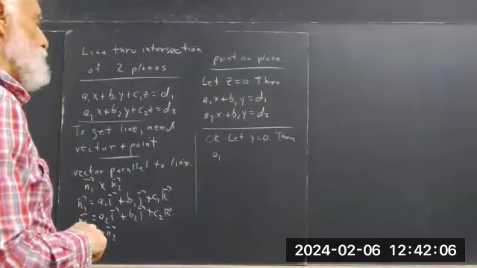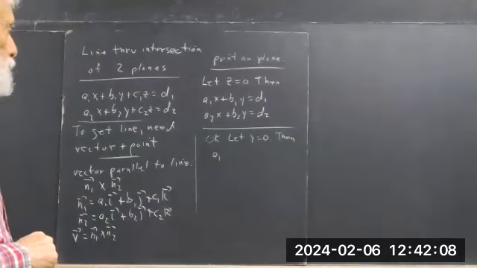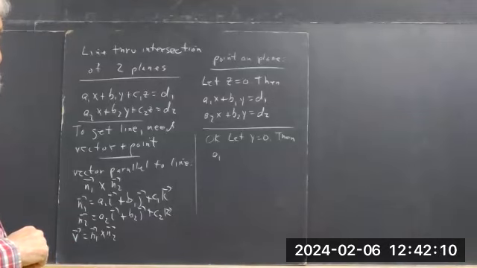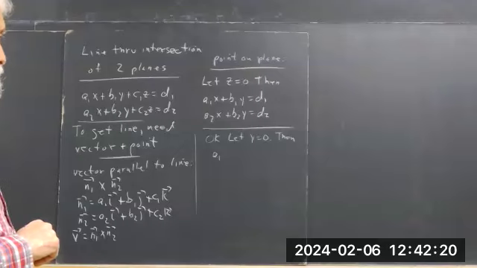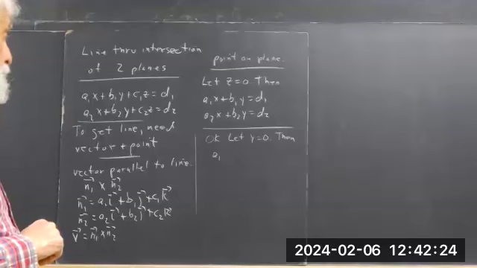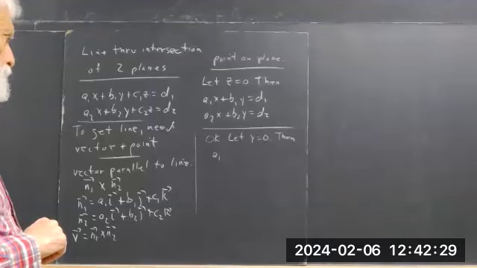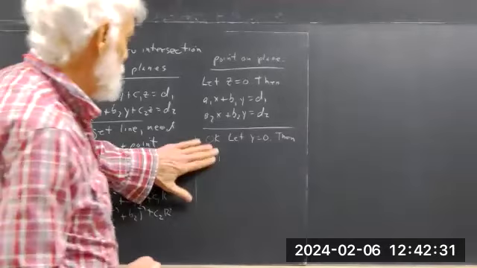Oh, wait a minute. There should be a point where X and Y are both 0. It's not necessarily going to give you equal values of X. Yeah, the plane isn't going to go through.